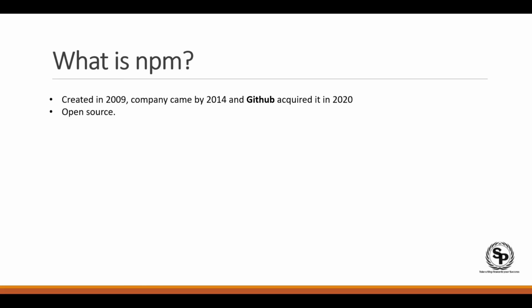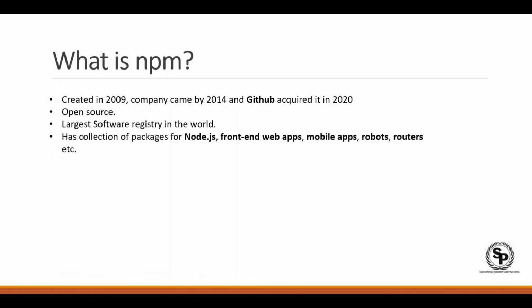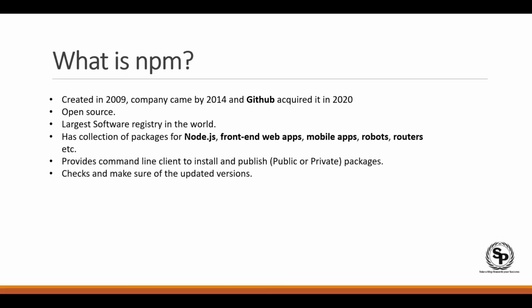It is an open source library, and it has the largest software registry in the world, with a collection of packages for Node, front-end web applications, mobile, robots and routers, etc. It also makes sure that the updated version is available to other developers who are using the previous version of that particular package. It will notify us while we are using it. It will give us a warning that helps us know whether a newer version of that particular package is available or not.